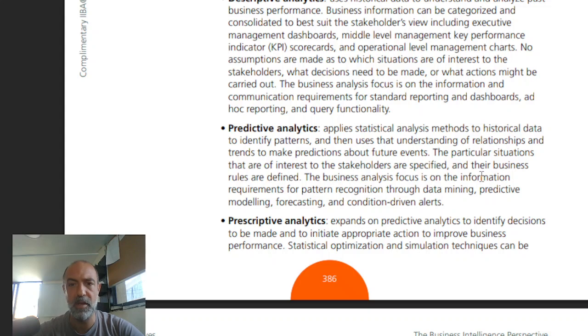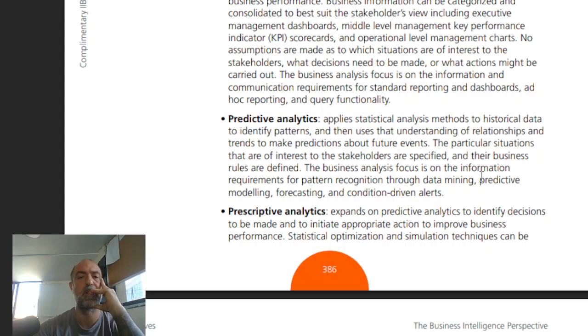No assumptions are made as to which situations are of interest to the stakeholder, what decisions need to be made, or what actions might be carried out. The business analysis focus is on the information and communication requirements for standard reporting and dashboards.